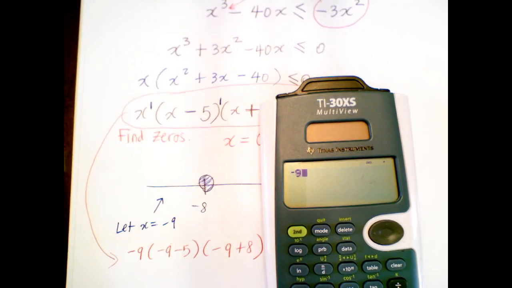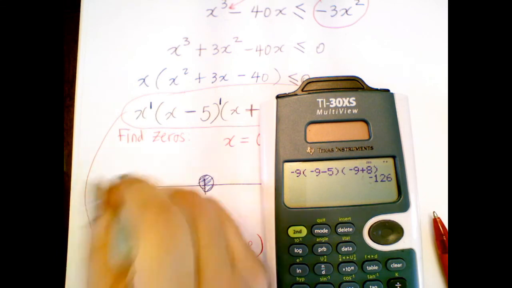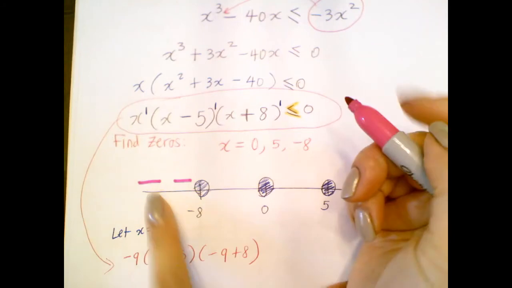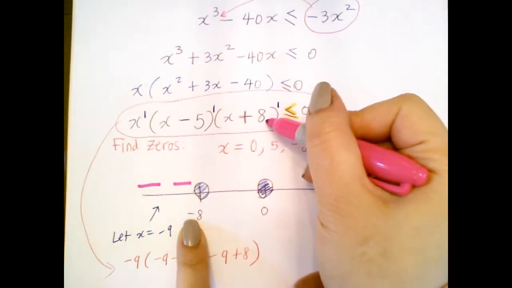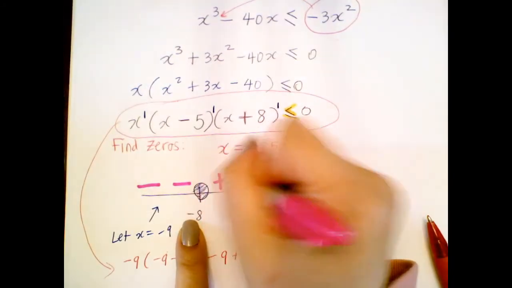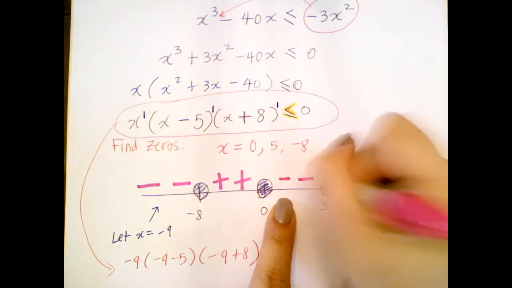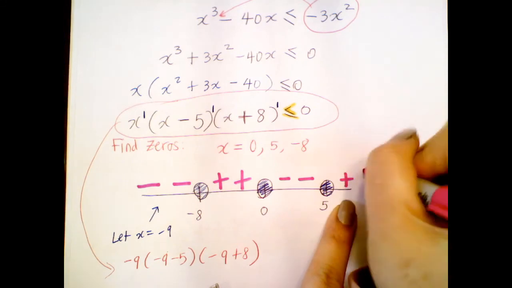The result is negative 126, but all I care is that this came out to be negative. Now if that one is negative, at negative 8, whose multiplicity is odd, 1, it's going to cross to the positive side, and everything else alternates: positive down to negative, and negative back up to positive.